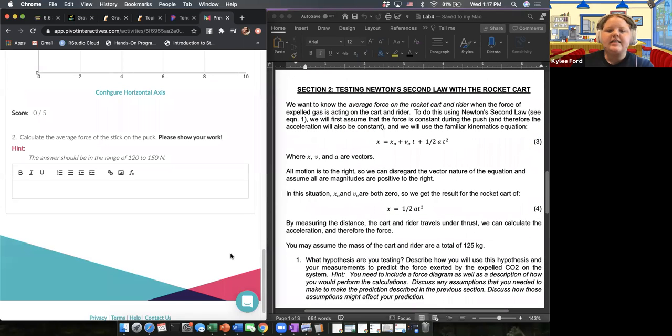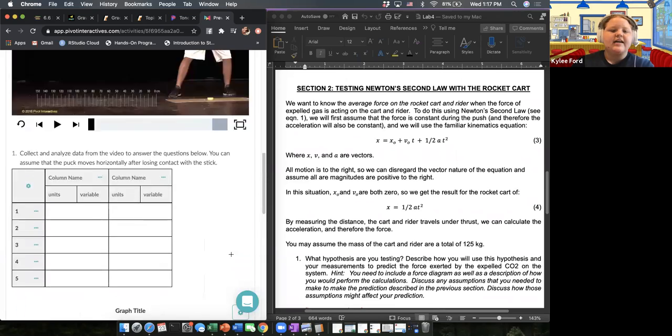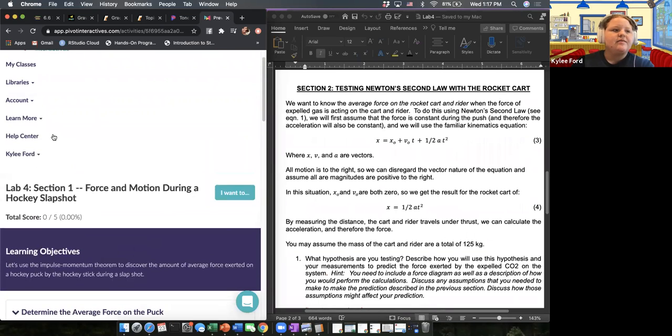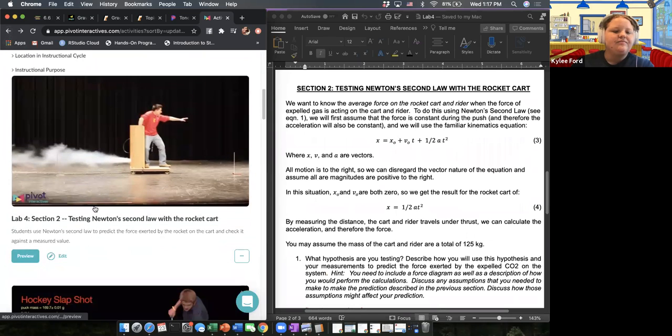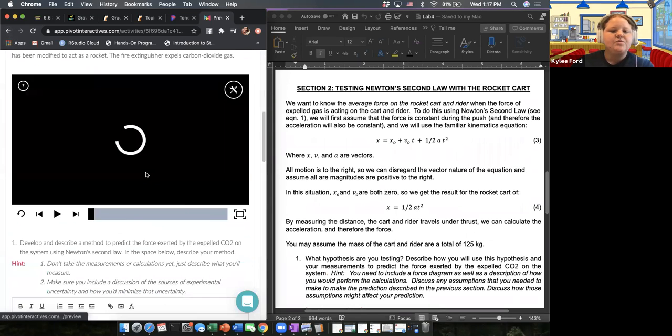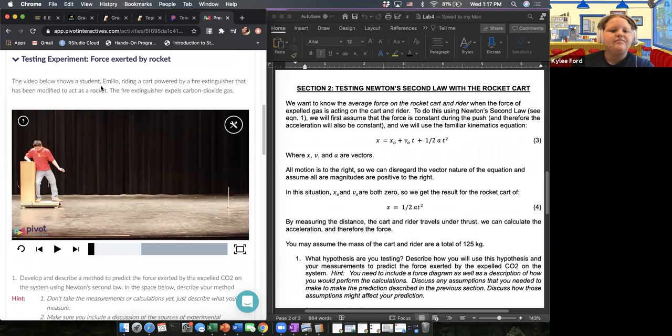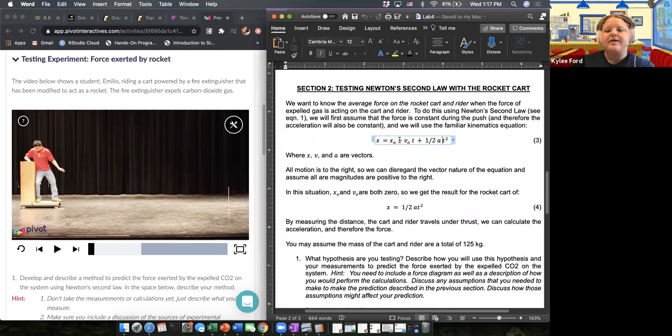Okay, and then the next section in that is going to be this one with the rocket cart. And you're going to be, again, looking at Newton's second law, but we're going to be looking at the kinematics equation that I have here.